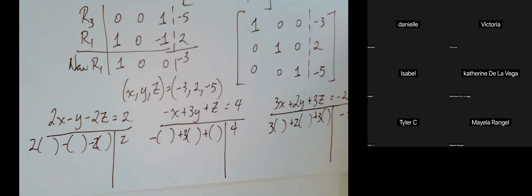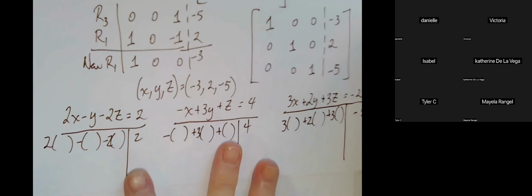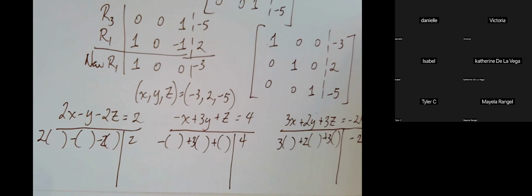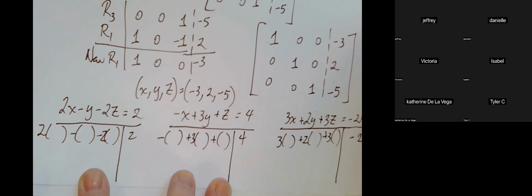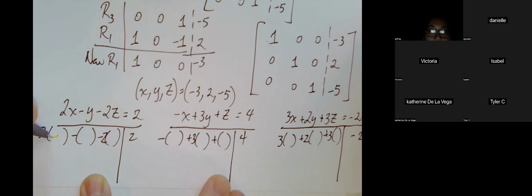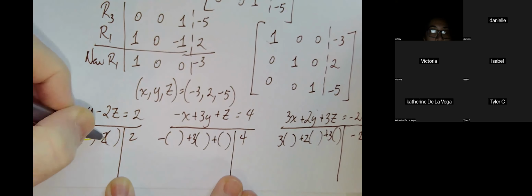So for all the x's, we use a -3 in the first one, and then a 2, and then a -5.